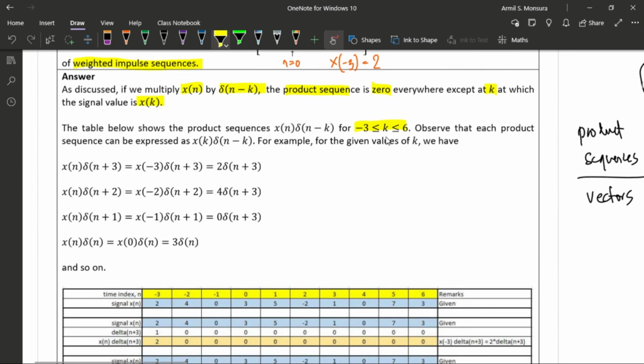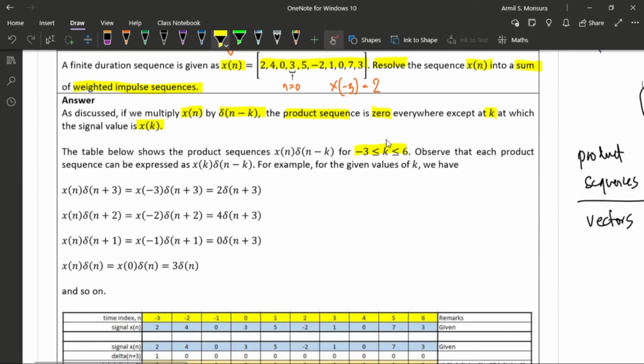But anyway, okay lang din naman kasi what will happen here is that tama to na your product sequence would be shown for k from negative 3 to 6, kasi this would represent itong range na to or itong interval to, this actually represents the delay in the delta n. Okay, so the amount of delay or the amount of shift pala, sorry. Hindi pala delay kasi may plus tayo eh. So this is the amount of shift in delta n.